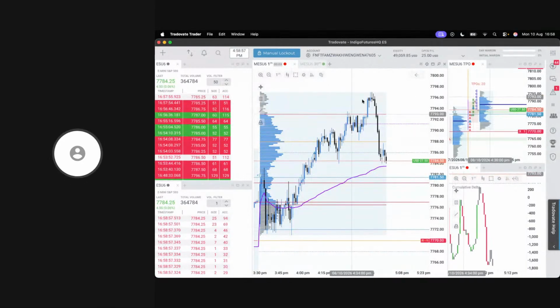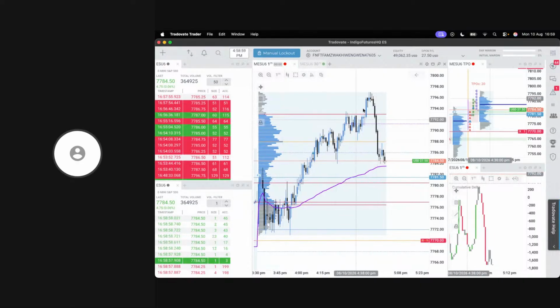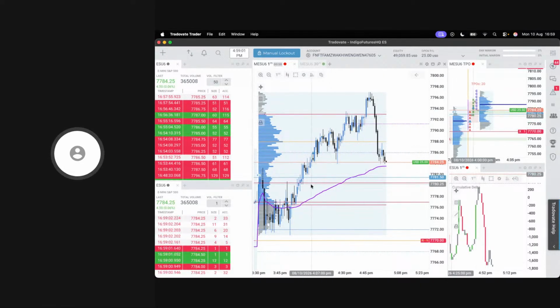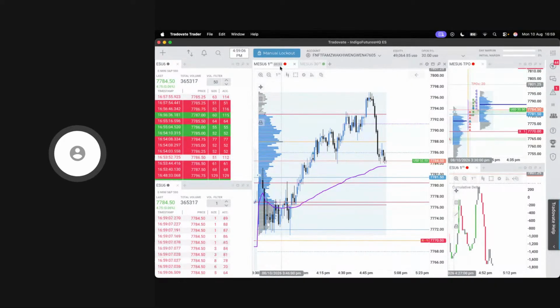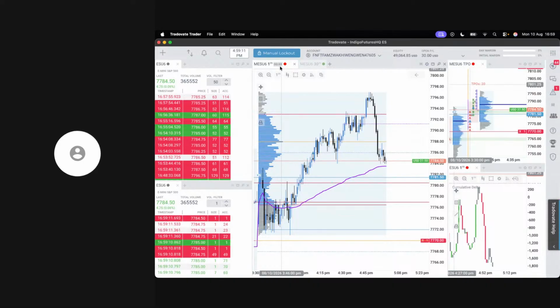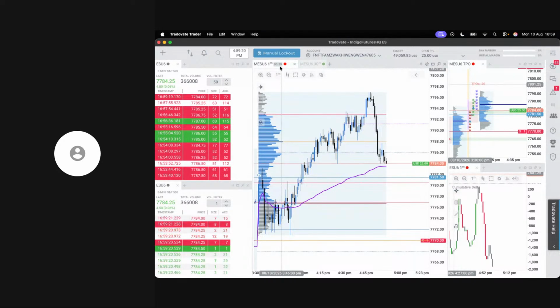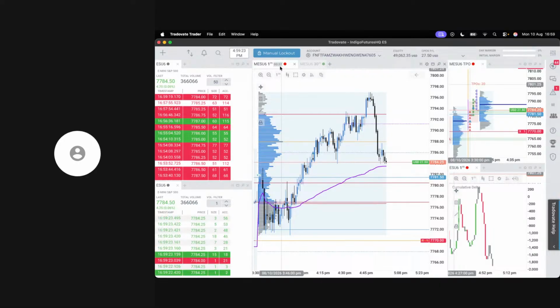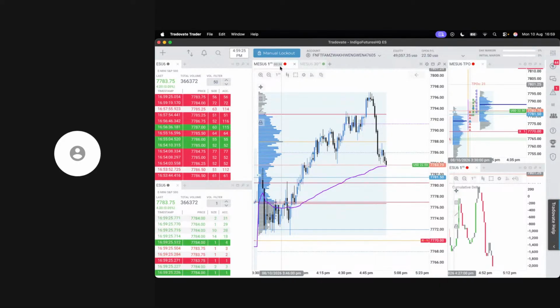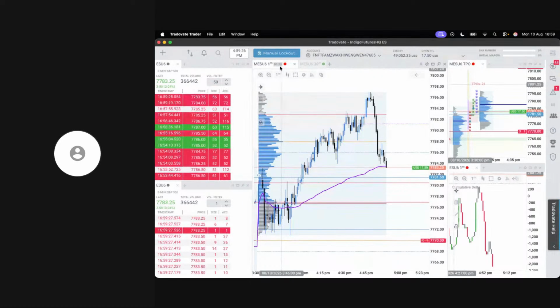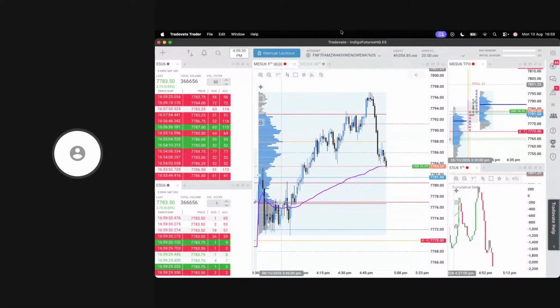I don't know if these buyers are still interested in this trend. But look, here we go. Well, deep prints will let us know.